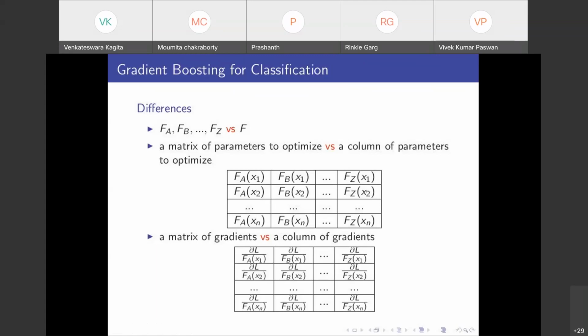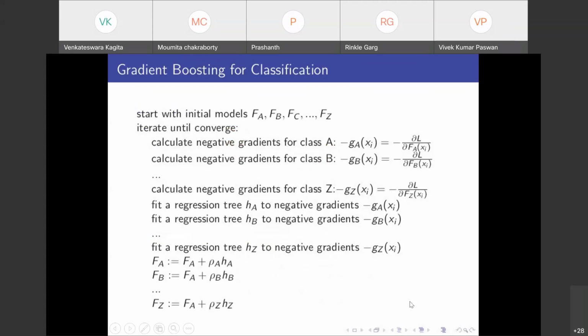Therefore, because we have multiple parameters to optimize, we need to compute multiple gradients: a matrix of gradients, in contrast to the column of gradients in the regression problem. We need to compute the derivative of the loss function with respect to FA of x1, FA of x2, and so on, FA of xn, and the derivative of the loss function with respect to FZ of x1, FZ of x2, and so on, FZ of xn.